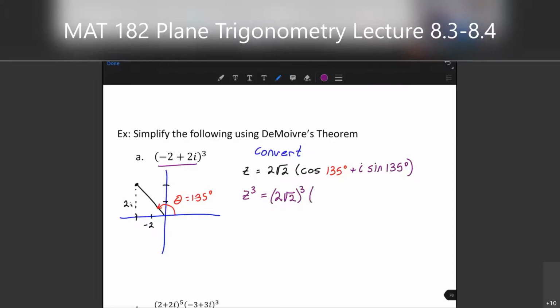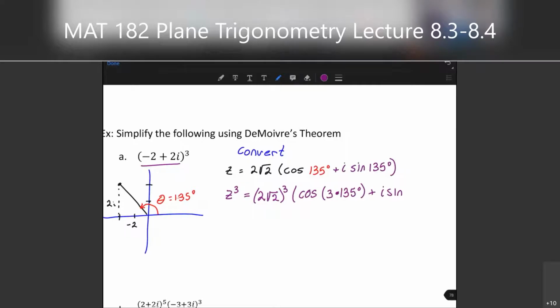And then I'm going to have a multiple of 3 for my argument. So that would be 3 times 135, i sine of 3 times 135. So there's really, again, 2 operations in De Moivre's theorem, one with the argument and one with that modulus.